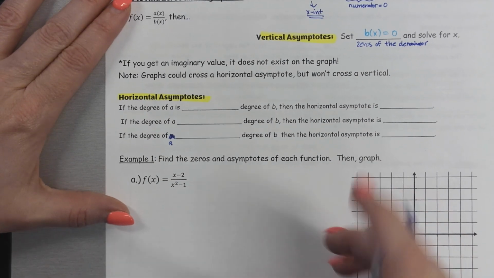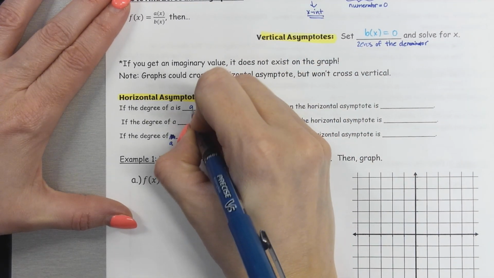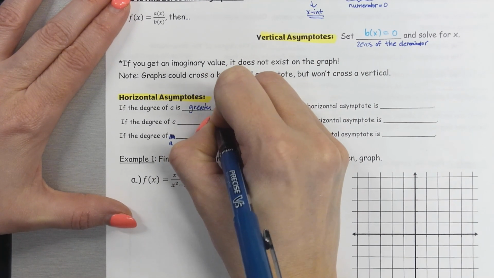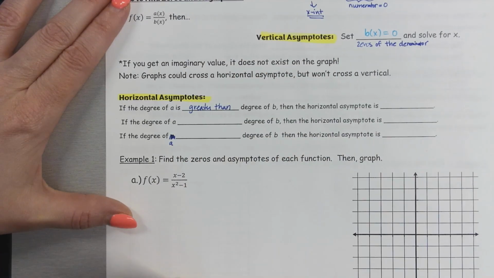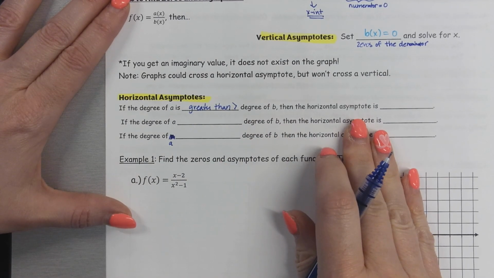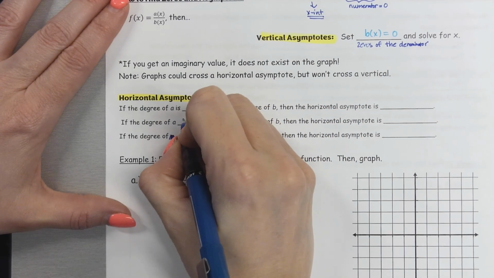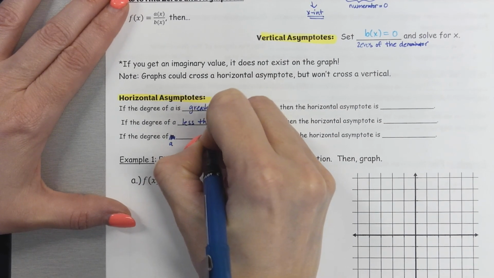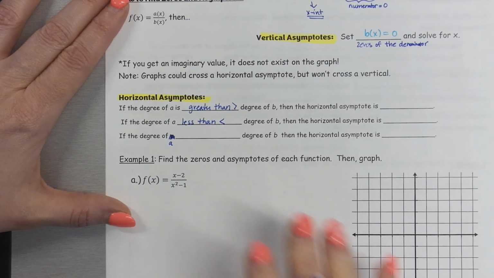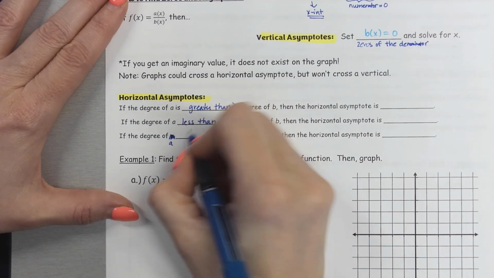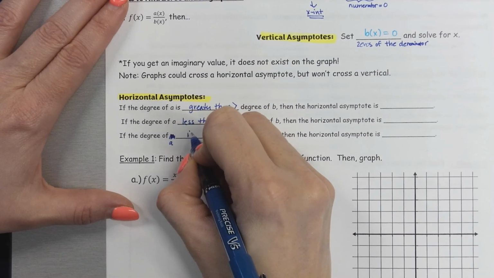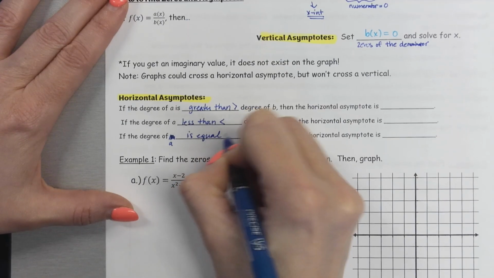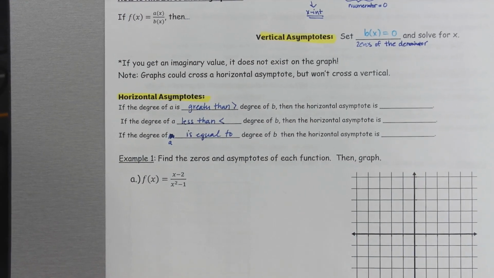If the degree of A is greater than the degree of B, then we have a certain rule. If the degree of A is less than the degree of B, then we have another rule. And if it is equal, we're going to learn the rule for that.